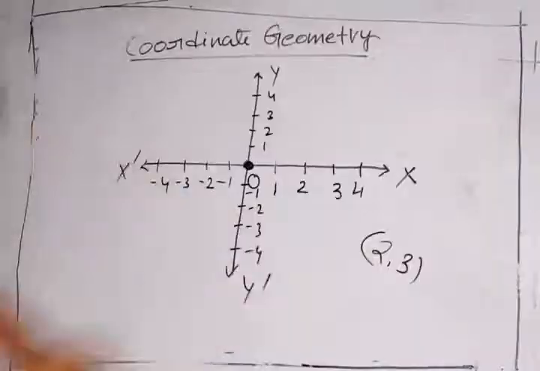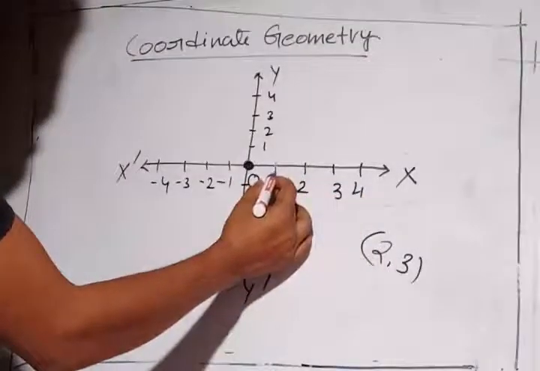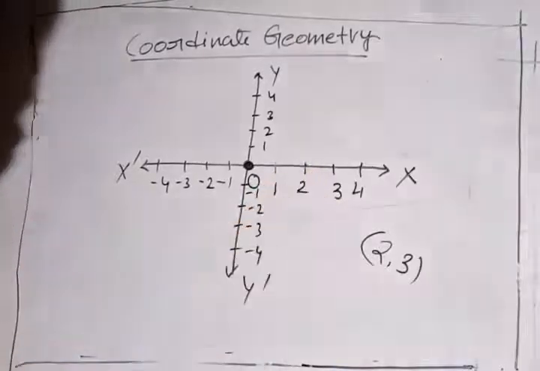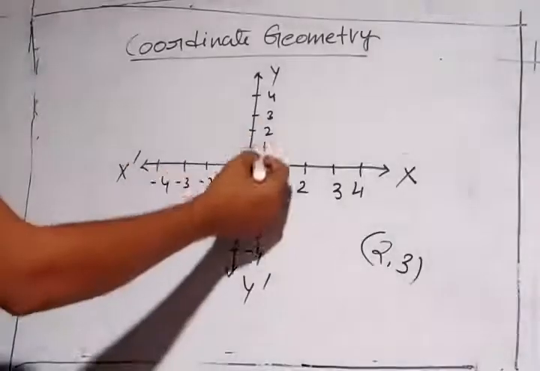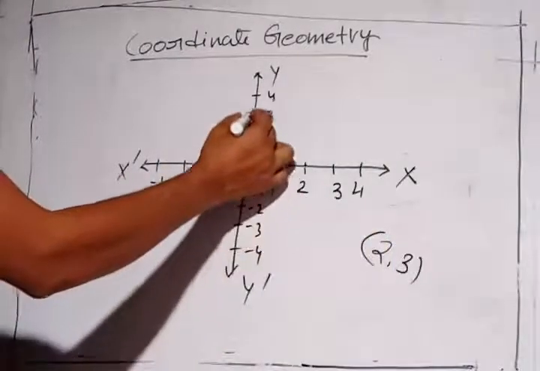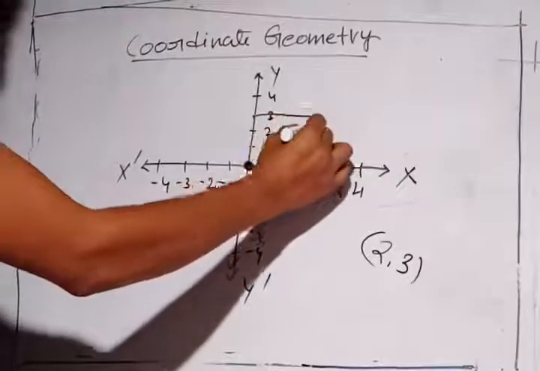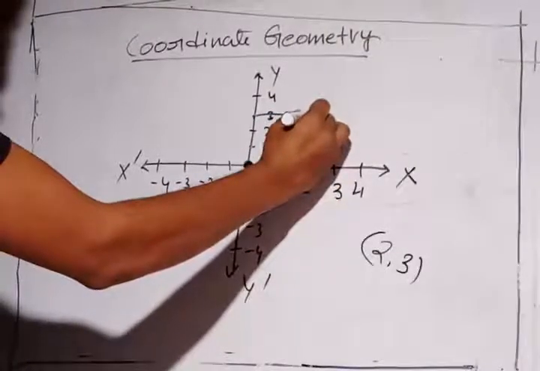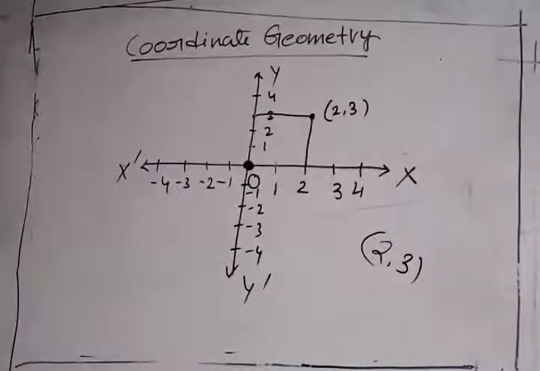So you have to go this side, 1, 2, this is 2. Then the value of y is 3, that means upside, positive 3. So 1, 2 and 3, this. Now this way you have to join. This point will be your 2, 3.